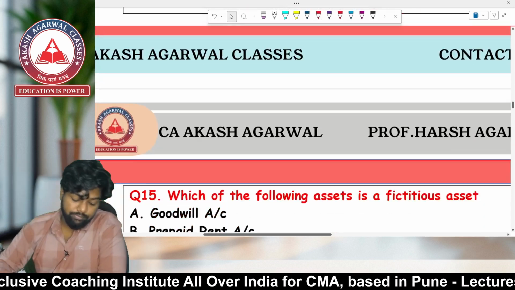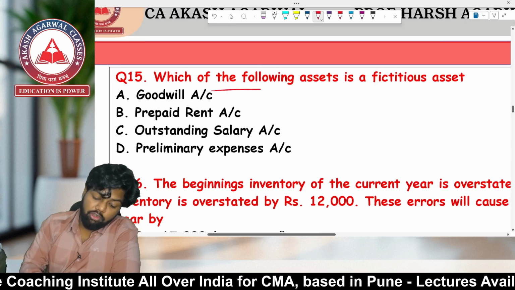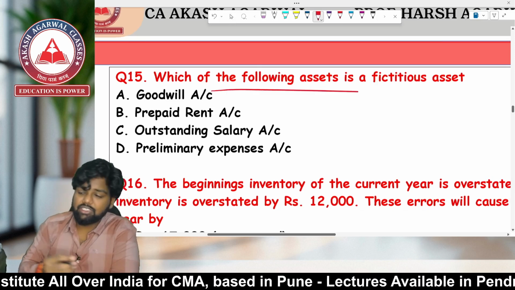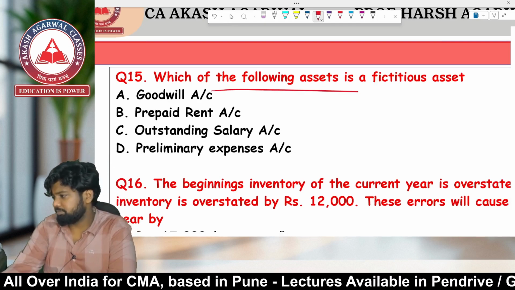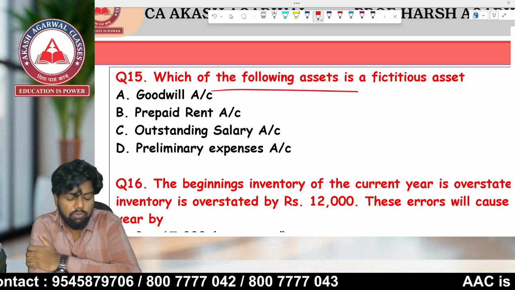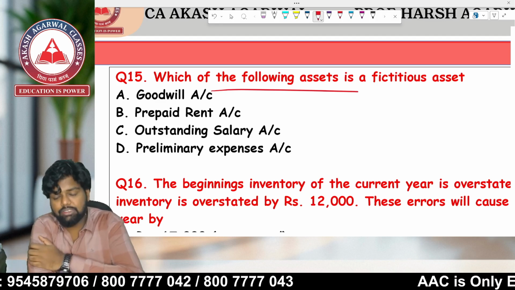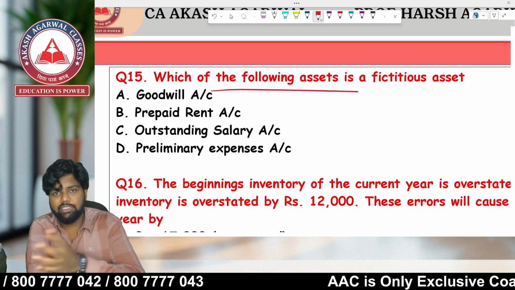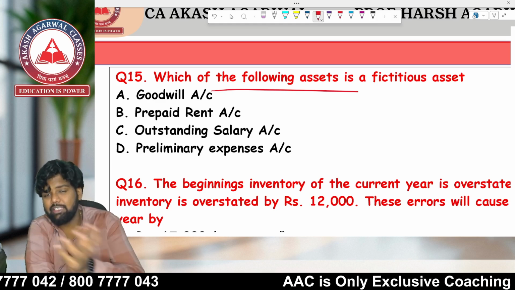Let's go ahead. Which of the following is a fictitious asset? Fictitious assets are the assets which have no physical existence.